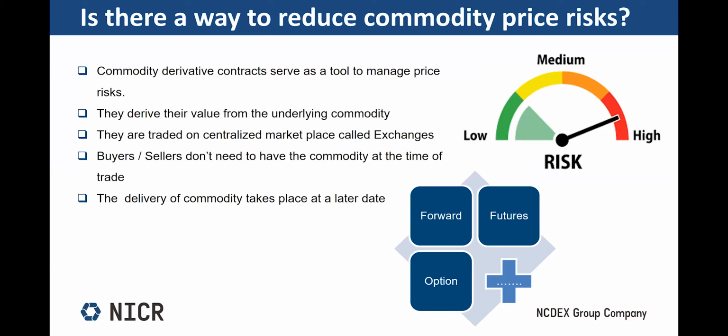When you are planning to plant, or trying to plan your sale of atta, and planning that you will buy your wheat at a later date, you can still buy or sell much before you have the physical commodity under your ownership.